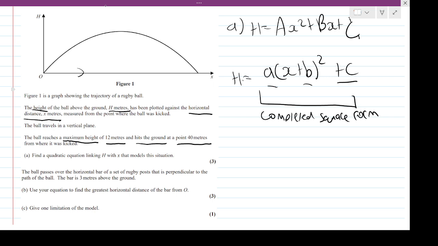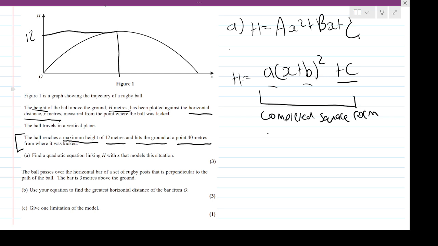So now we're going to work with the information we're given, and mainly we're given a graph, which helps quite a lot actually. The actual bit of information is this sentence here: the ball reaches a maximum height of 12. That's going to correspond to this turning point here, right? So that's going to be about 12 there, and we know it's going to be at some value of x.